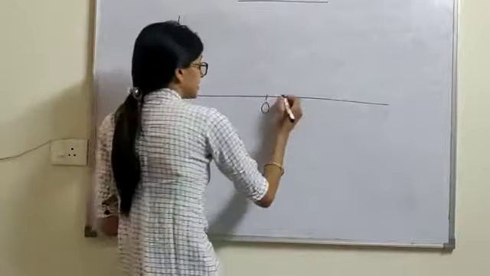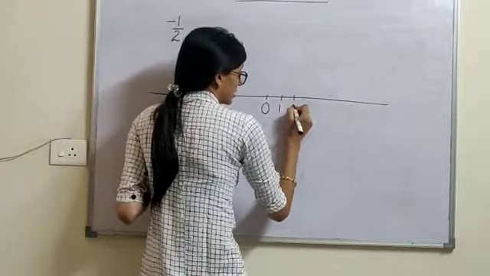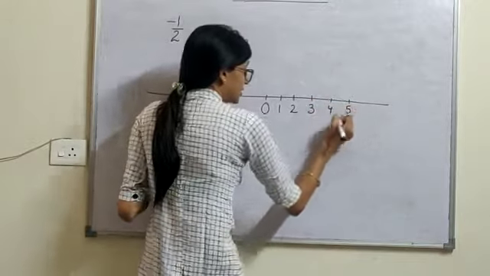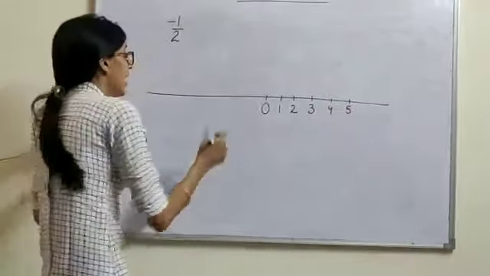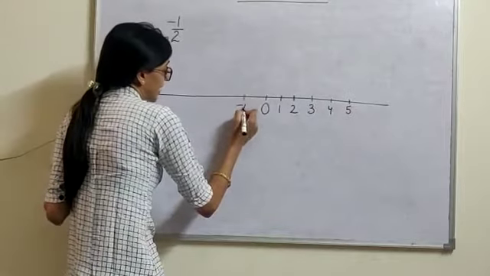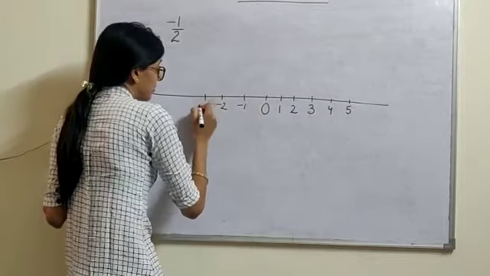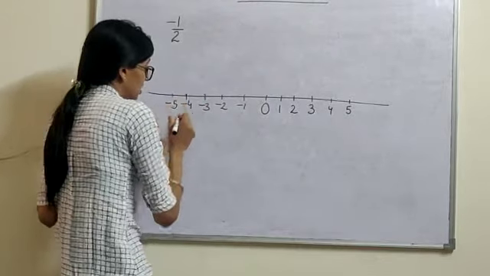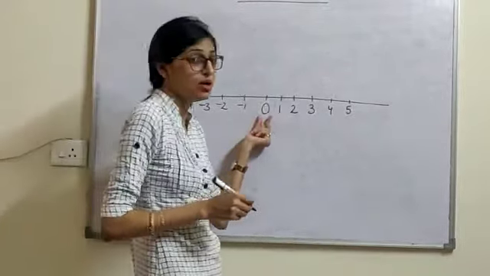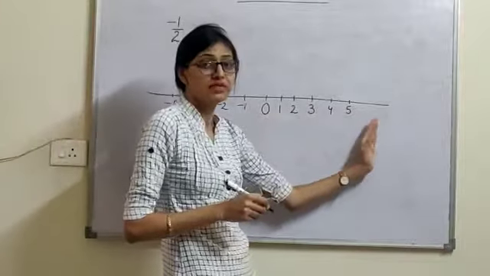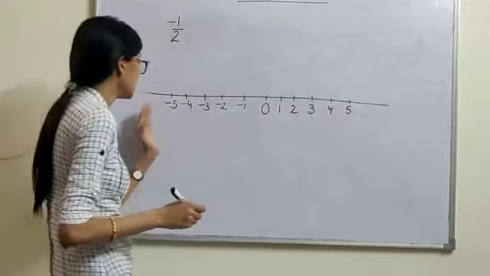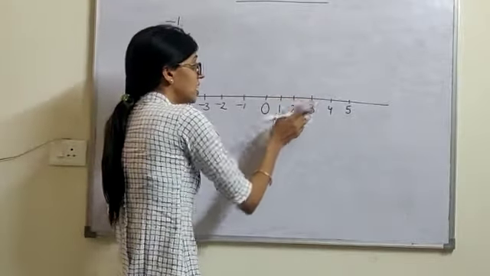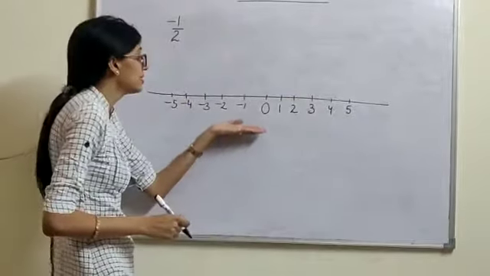On the right hand side there are positive numbers with equal distance between each other, and on the left hand side there are negative numbers with equal distance between each other. In the center there is 0, on the right hand side positive integers, on the left hand side negative integers, and the distance between them is equal. This is the number line.